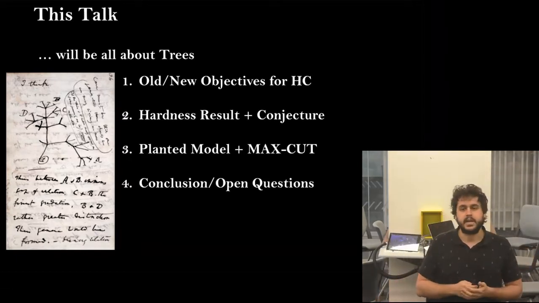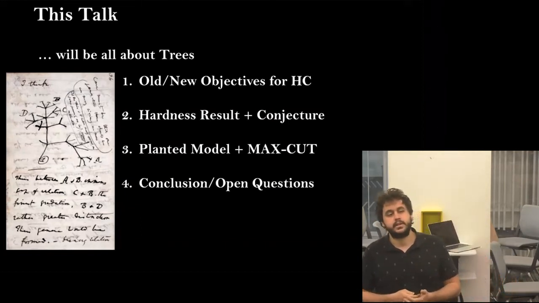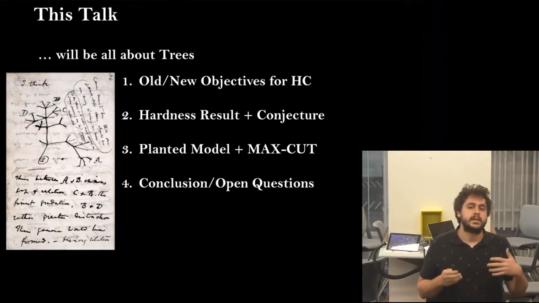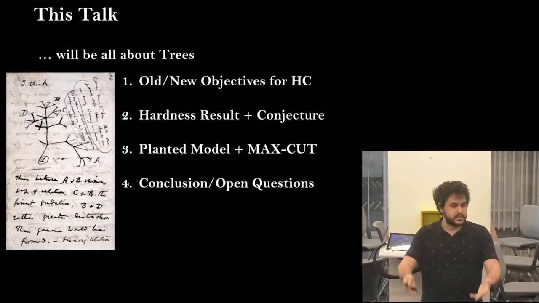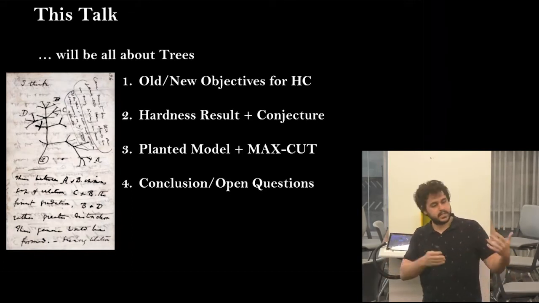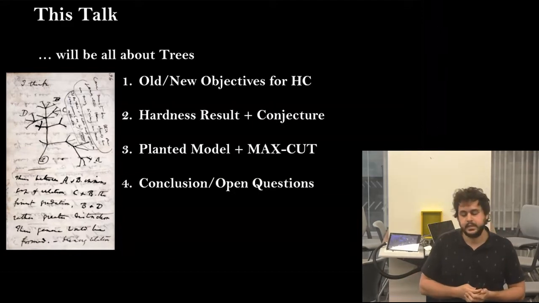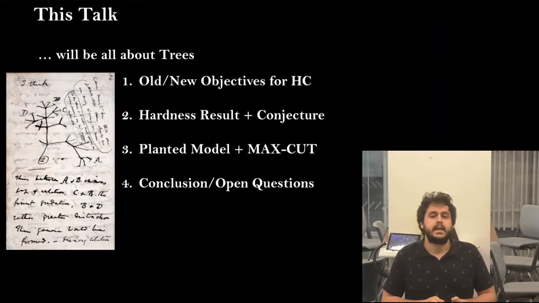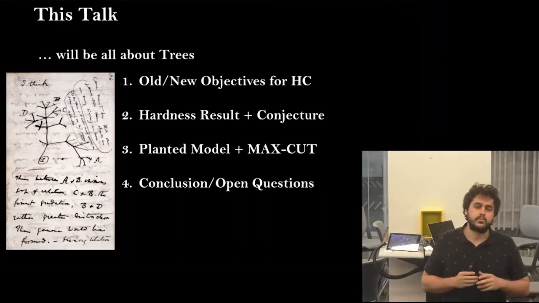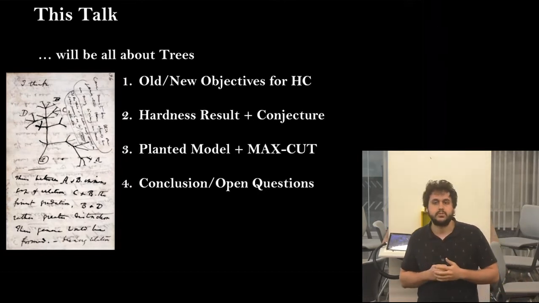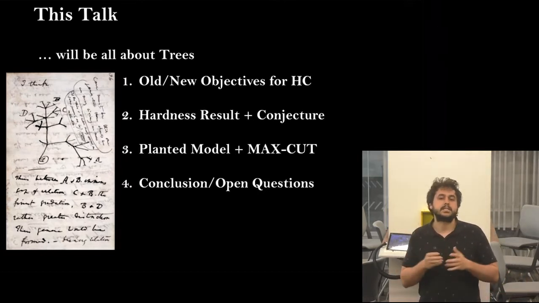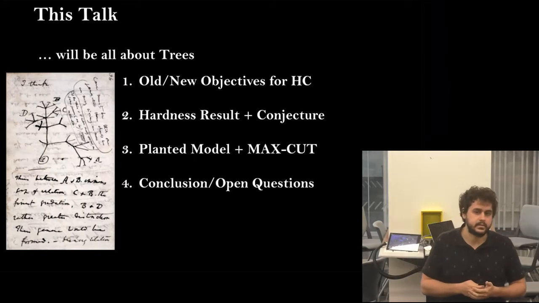This summarizes the motivation and the beginning of the talk. Now I want to tell you about some objectives for hierarchical clustering, addressing these obstacles about having an objective. I'll tell you about some older formulations and some newer formulations for hierarchical clustering and how they are related.